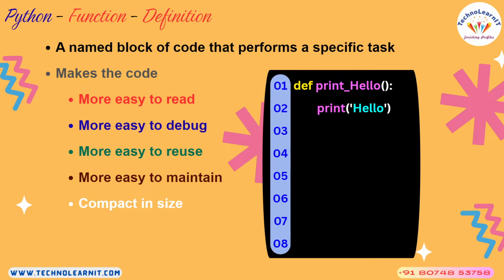Then put a colon. This is a must. Then you come to the next line and continue to write the code for that function. Write the statements of that function after indentation. Make sense? So here print_hello has only one statement, which is print hello.